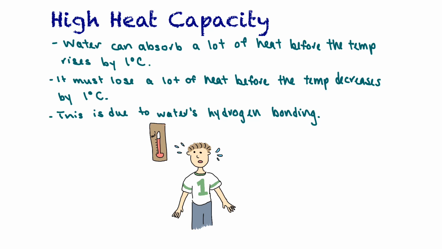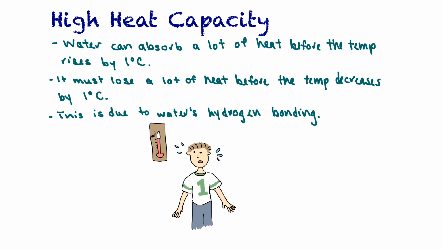Water also has a very high heat capacity, and what that means is that it can absorb a lot of heat before the temperature of water changes. It can absorb a lot of heat before the temperature rises by 1 degree, and it also has to lose a lot of heat before the temperature decreases by 1 degree. This is due to water's hydrogen bonding.